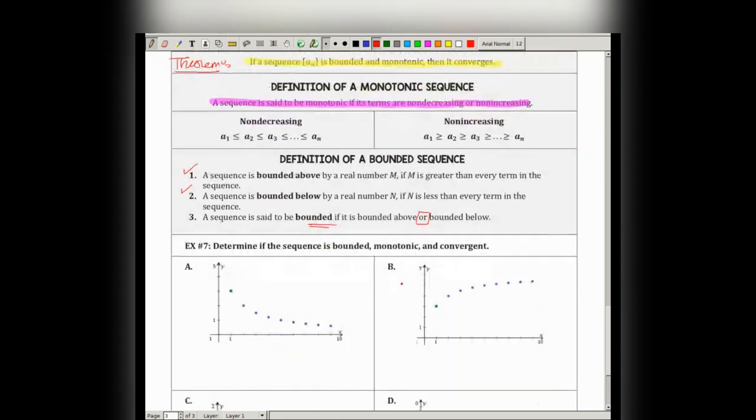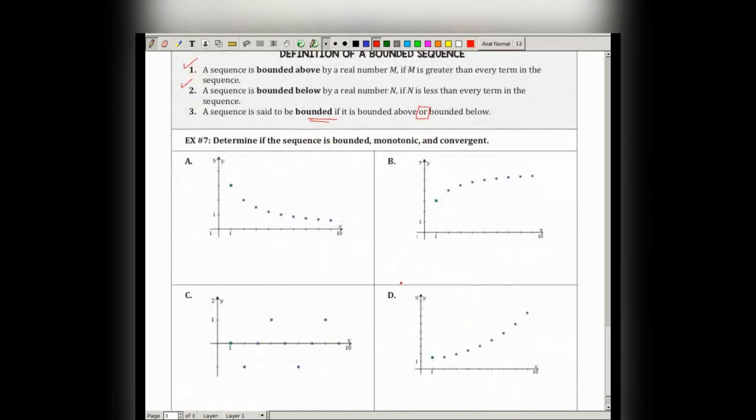All right, so once again, let's approach these now with our new knowledge. Here, let's look at the behavior of this sequence. It looks like it is a decreasing sequence. Do you agree? Decreasing sequence. And is it monotonic? I would say yes.